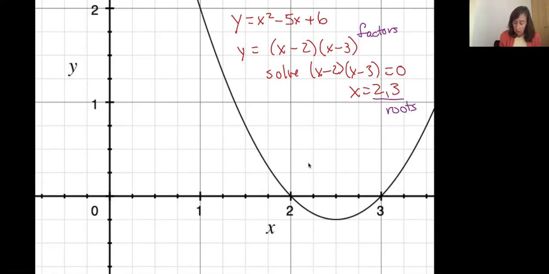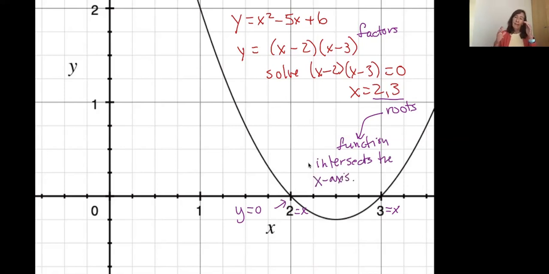So what we have here are the 2 points where y equals 0, and that does indeed happen at x equals 2 and x equals 3. So when we find the roots of a quadratic form, what we are finding are the places where the function intersects the x-axis.